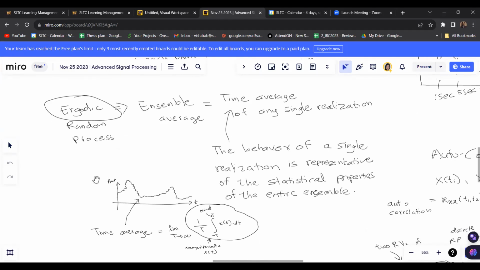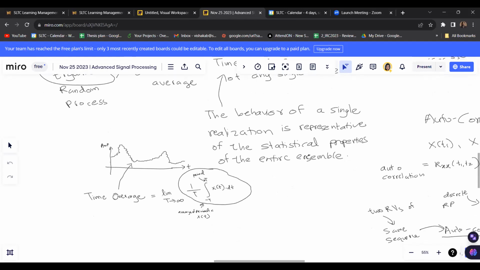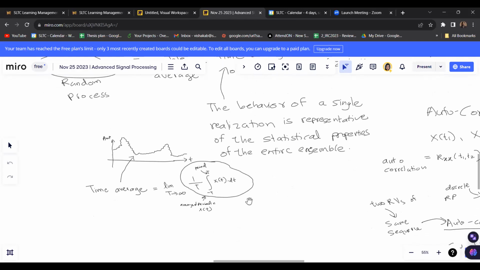That means we are considering the average along this axis over the time domain. The average we can find using this integration: the time average is taken using the limit as capital T goes to infinity of 1 over 2T, the integral from minus T up to T of X(t) dt.